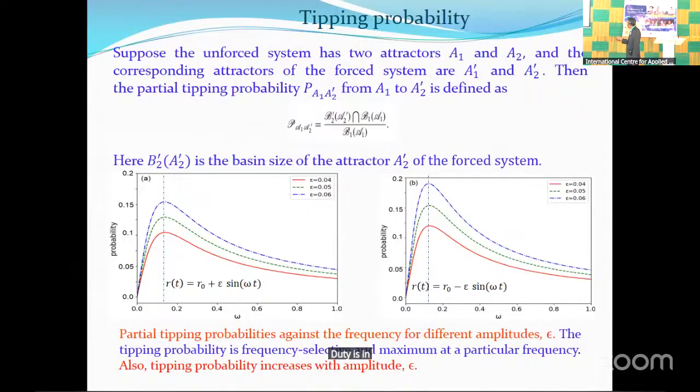So look, the probability increases as the periodic strength increases. And also the tipping probability is frequency selective, meaning that in every case the maximum probability occurs at some particular value of the frequency omega.